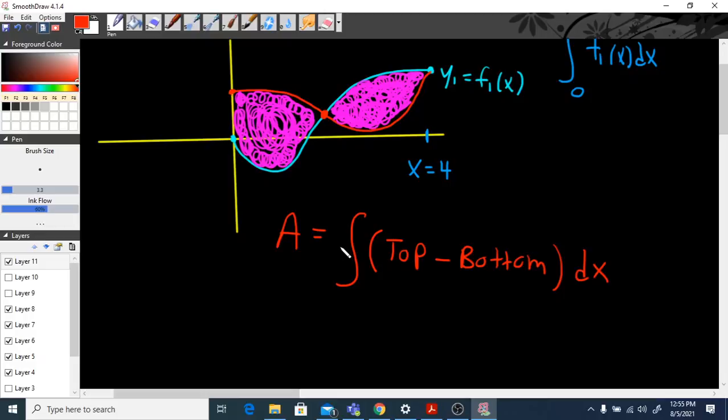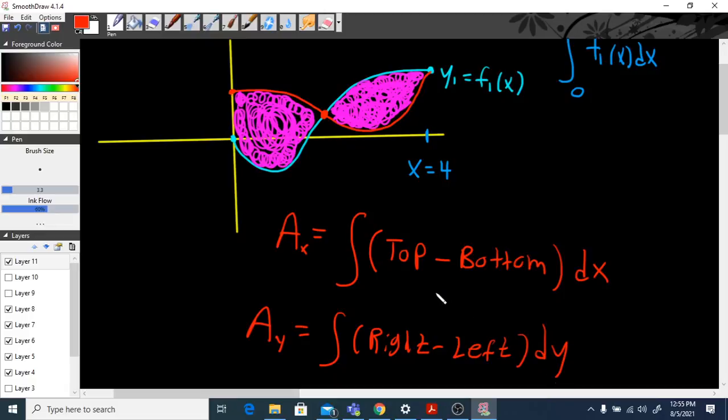Top minus bottom if it's an x thing, and it's also possible to integrate with respect to y. If you're doing a y situation, instead of top minus bottom, think about what's more positive. It's going to be right minus left if we're doing a dy integral. Okay, very cool.